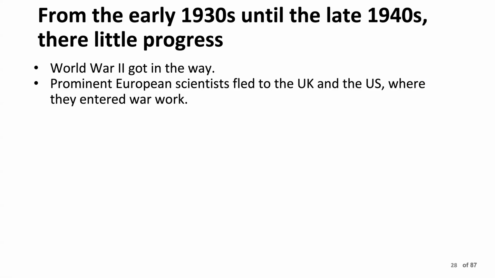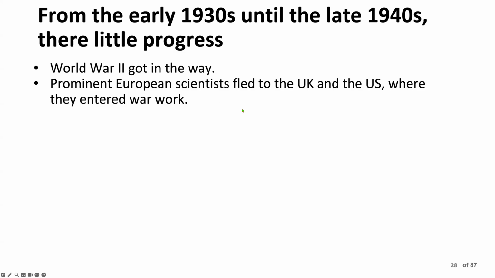So for a long time, for about 20 years, there was progress in understanding how the universe might evolve, and then World War II got in the way, and Europe, where much of the work was being done, was completely disrupted by the war. A lot of scientists went into war work.